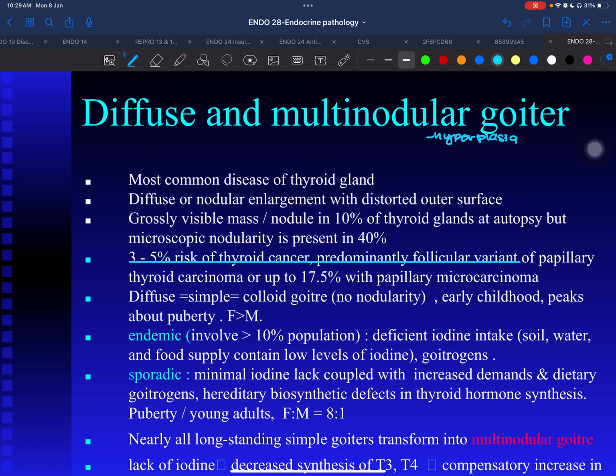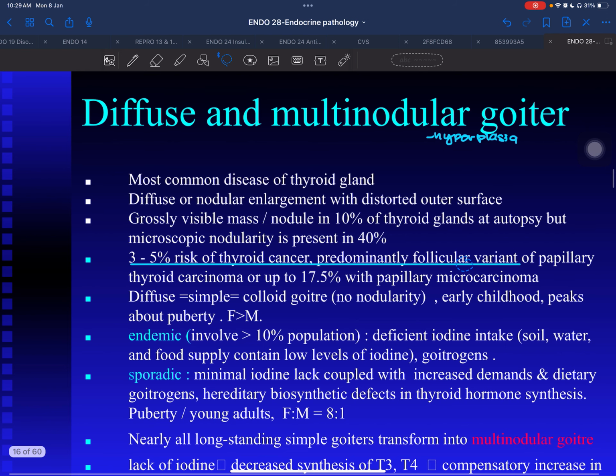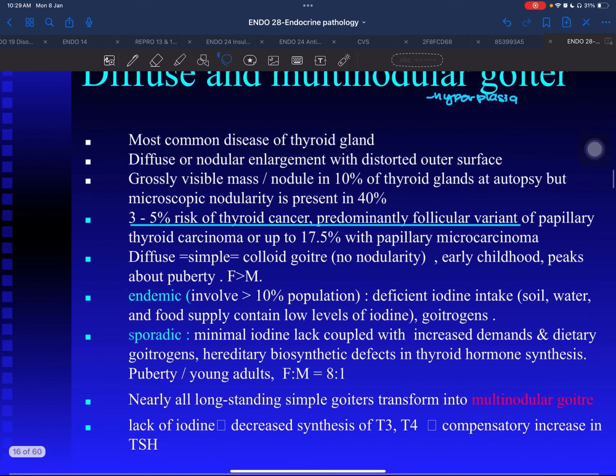So in diffuse multinodular goiter, there is diffuse or nodular enlargement. Nodular means the surface is bumpy, it has nodules. When we look at someone's neck, it moves up and down, it's nodular. It's a grossly visible mass or nodule in 10% of thyroid glands at autopsy, but microscopic irregularity is present in about 40%. Okay, 3 to 5% can develop cancer.